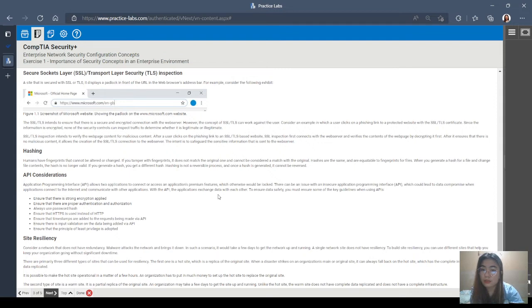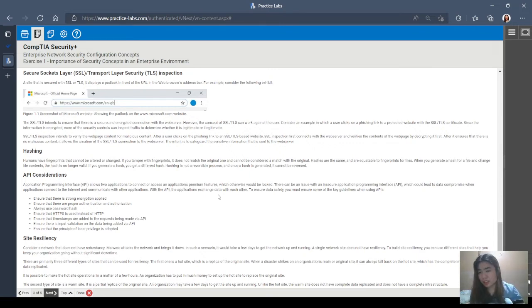However, the concept of SSL or TLS can work against the user. Consider an example in which a user clicks on a phishing link to a protected website with the SSL or TLS certificate.